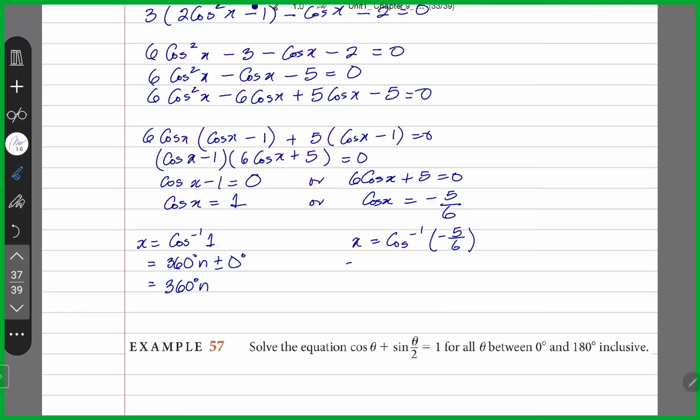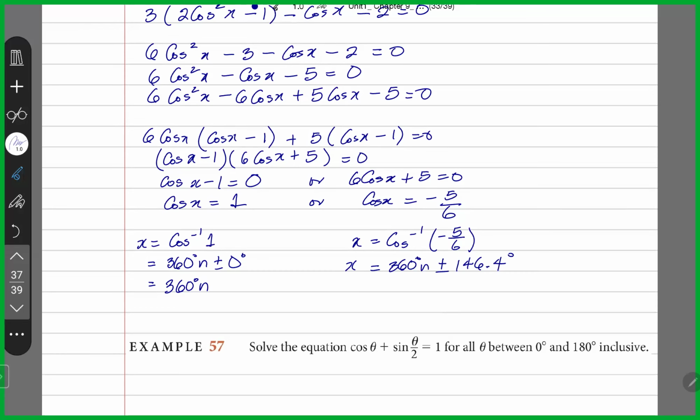Over here, x would be equal to 360 n plus or minus shift cos 5/6, and this is telling me 146.4 degrees.